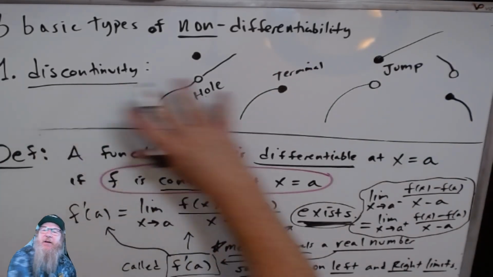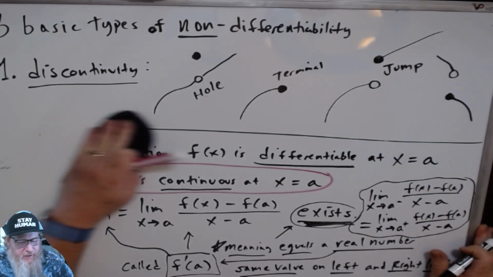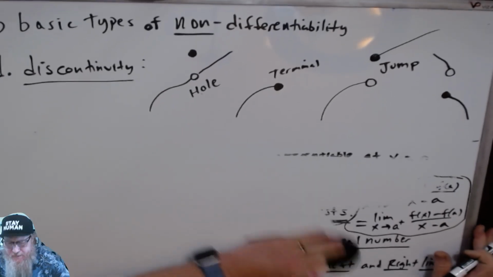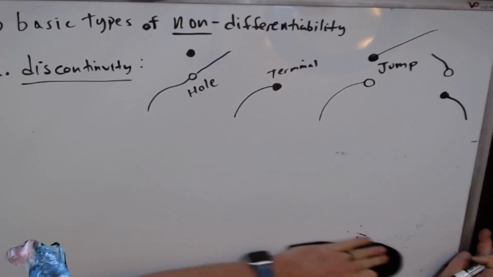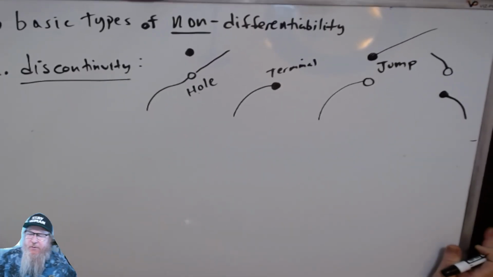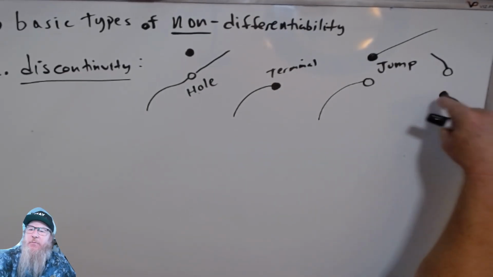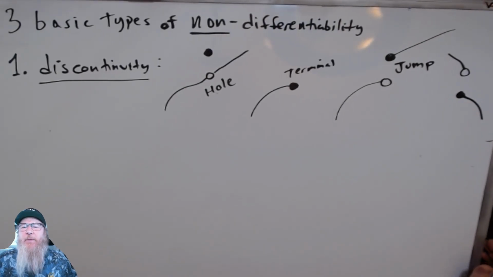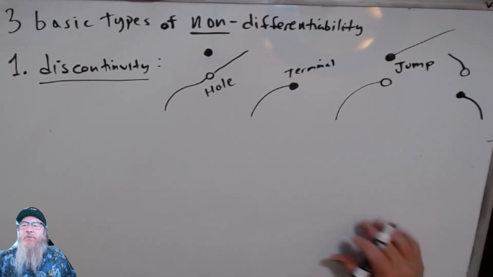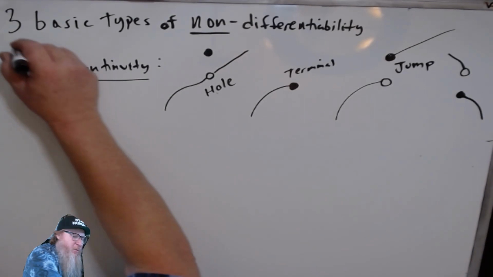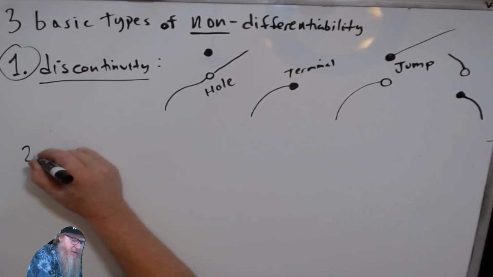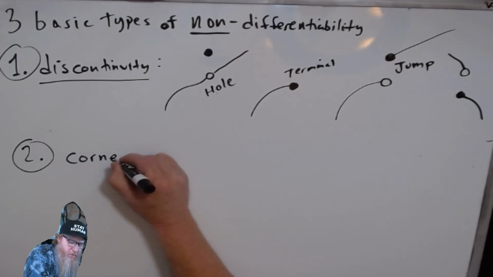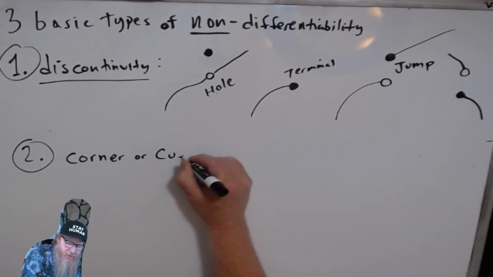So these are very common types of non-differentiability, probably the most obvious one. So if you see one of these, you say it fails to be differentiable at that particular point. In a minute, I'll bust out the graphing grid and we'll be a little bit more precise with what the values are. The next one is called a corner or a cusp.